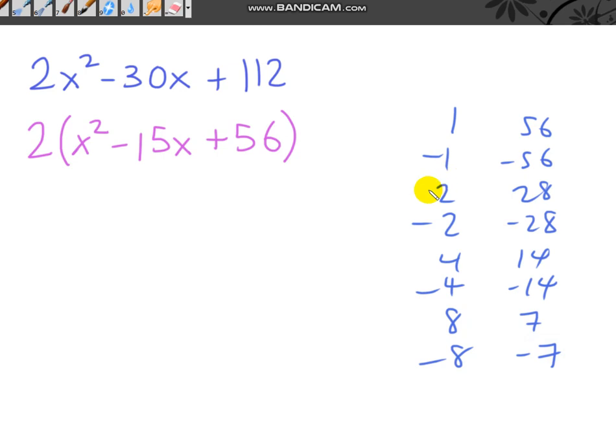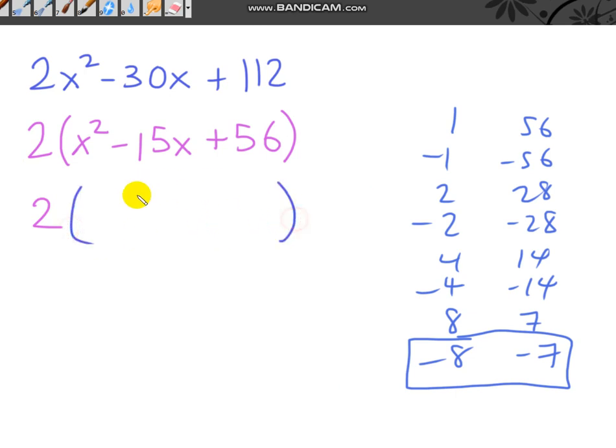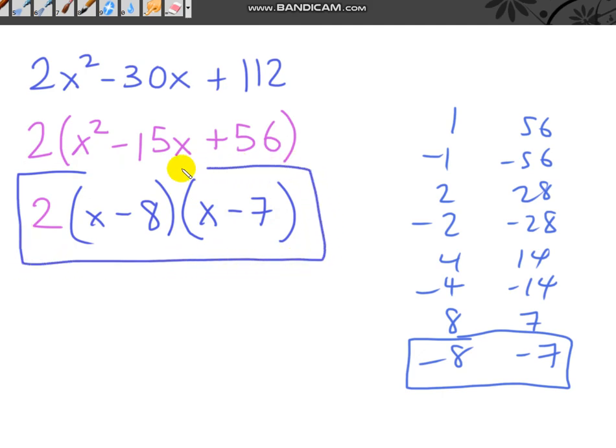Each of these numbers will multiply to 56, but we're trying to figure out which ones add up to negative 15. Okay, so I see that these would work here, which means that this expression would factor to 2 times x minus 8 times x minus 7. Sorry, I got a little lazy with the parentheses there, but that is how this one would factor. So 2 times x minus 8 times x minus 7.